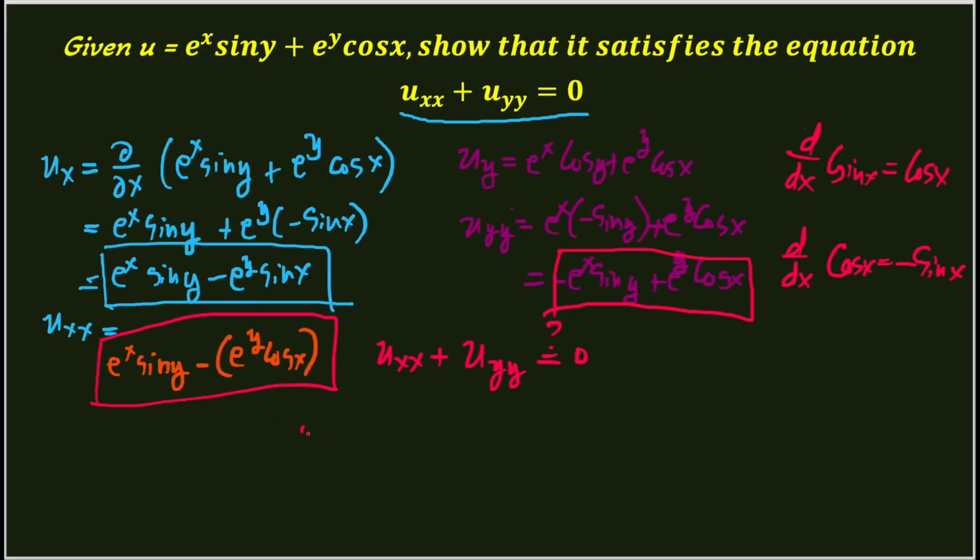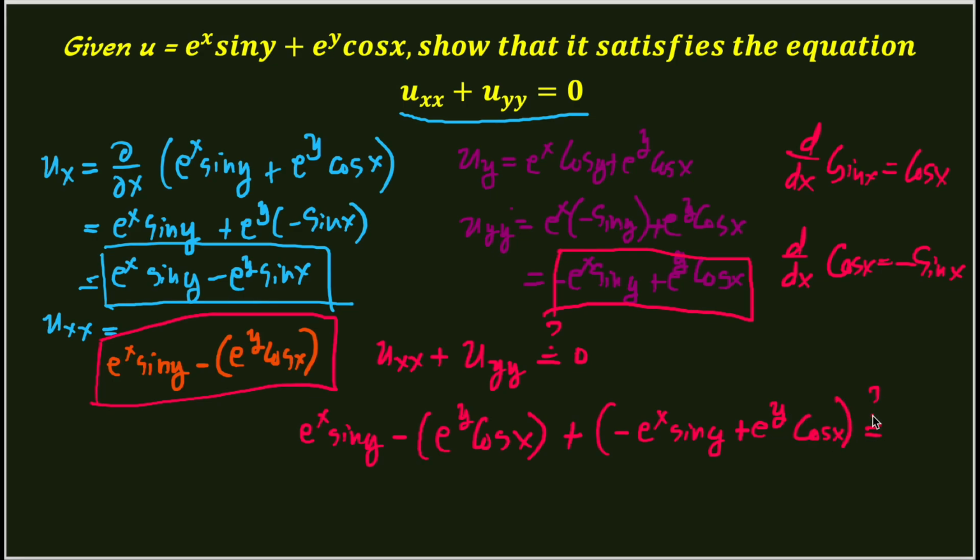Okay, so u sub xx is e to the x sine of y minus e to the y cosine of x, plus the value of u sub yy, which is negative e to the x sine of y plus e to the y cosine of x.